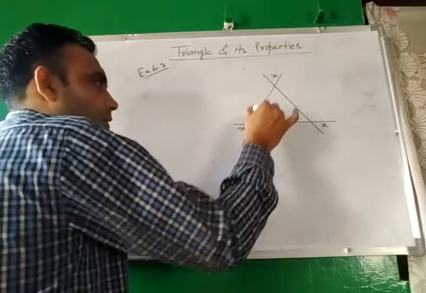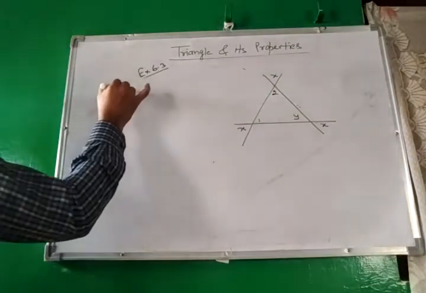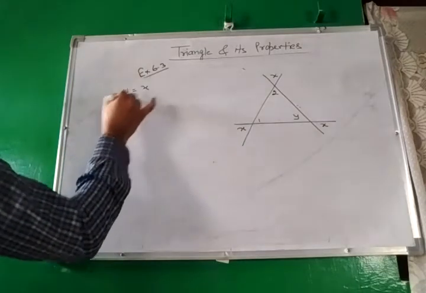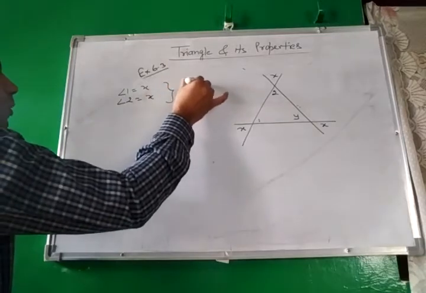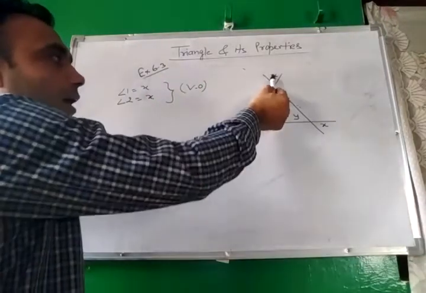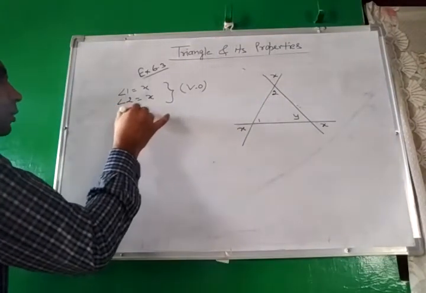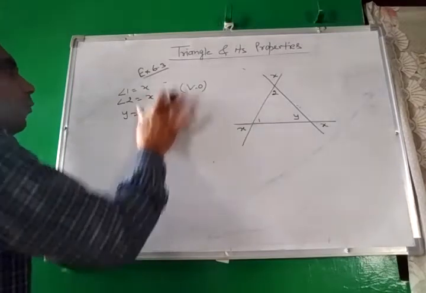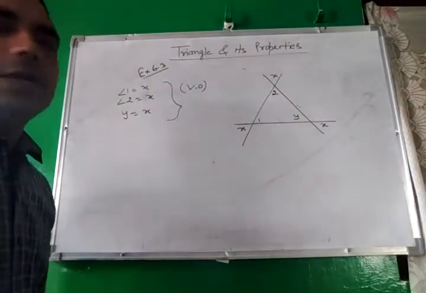Let us take this as 1 and this as 2. So angle 1 is equal to x, and angle 2 is equal to x, both by vertically opposite angles. Also y is equal to x by the property of vertically opposite angles. All three are by the property of vertically opposite angles.